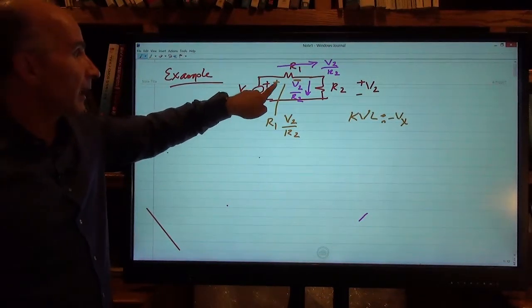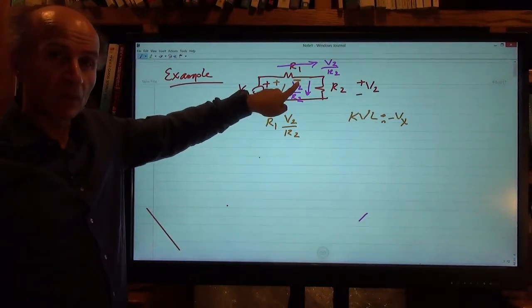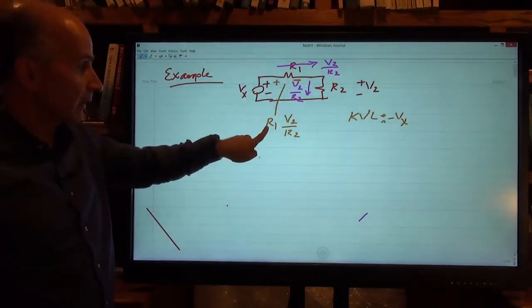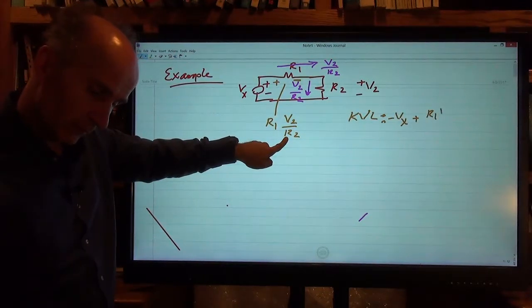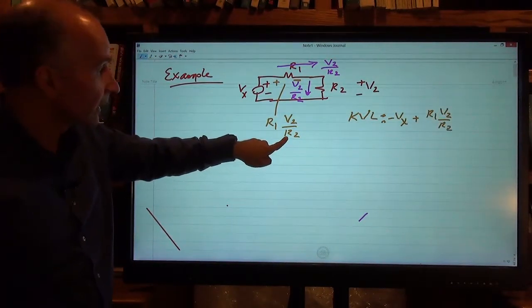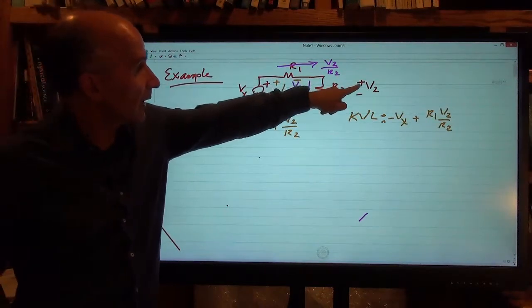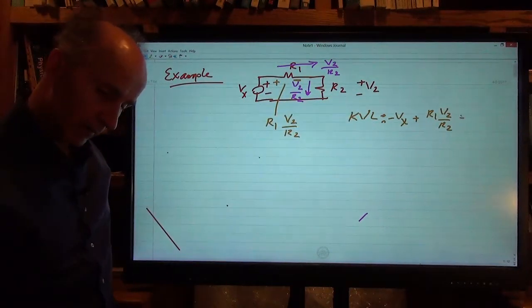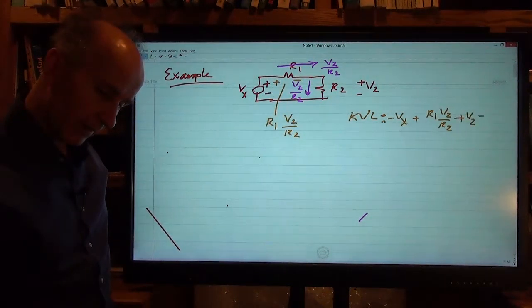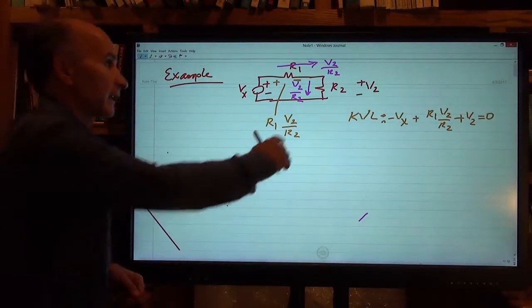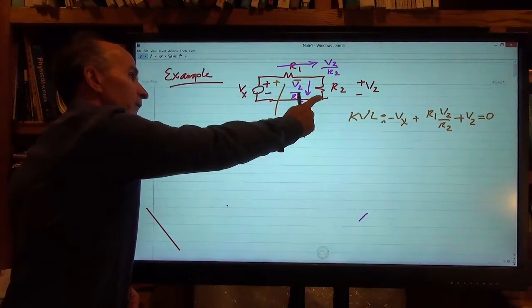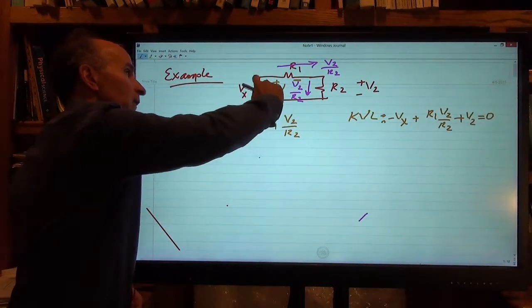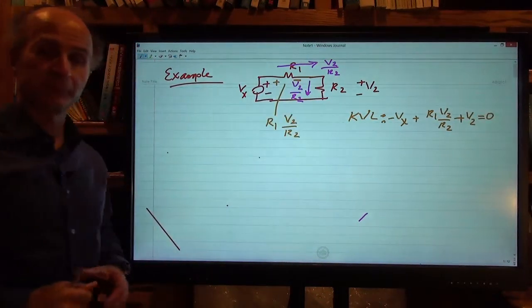I'm going from positive to negative, so I'm going to write plus R1 V2 over R2. And then I'm going from positive to negative, plus V2, that is equal to 0, right? Because I came back to the same point. This is a piece of wire, so there's no voltage from here to here, right? So we have one voltage, another voltage, another voltage. That's it.